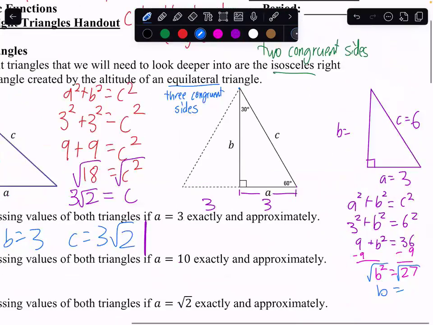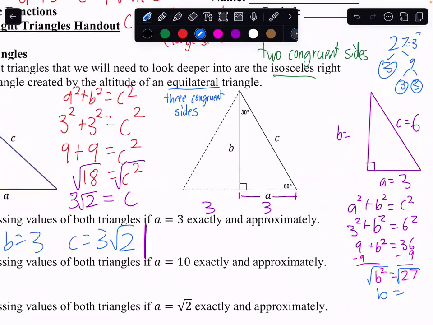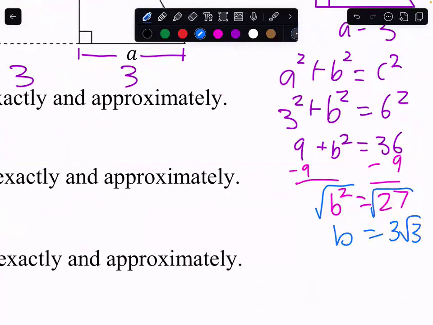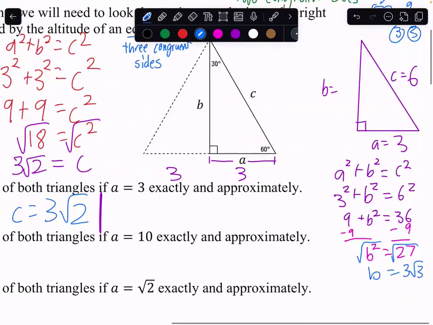So the square root of 27. 27 is equal to 3 cubed, but it might be more useful to call it 3 squared times the leftover 3, right? So that you can take a 3 out front. Okay, so for the half of the equilateral triangle, when A is 3, B is 3 radical 3, and C is 6.